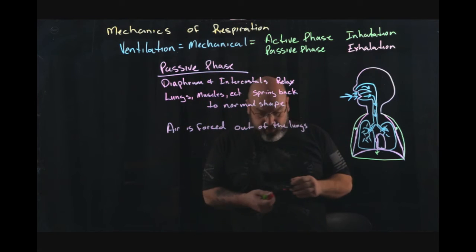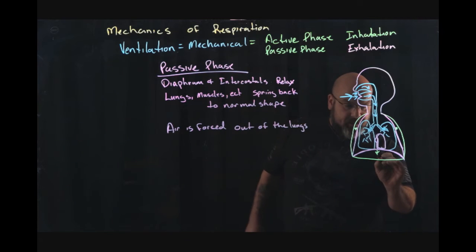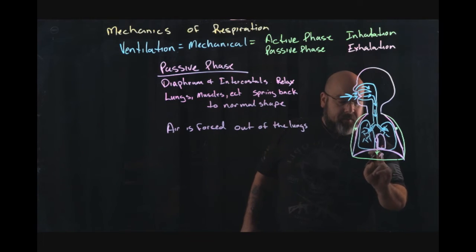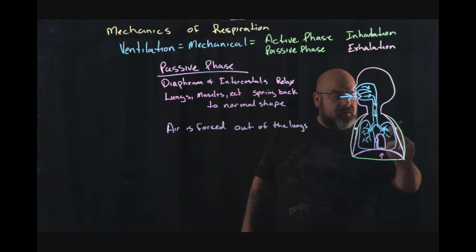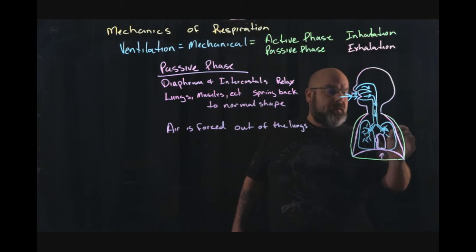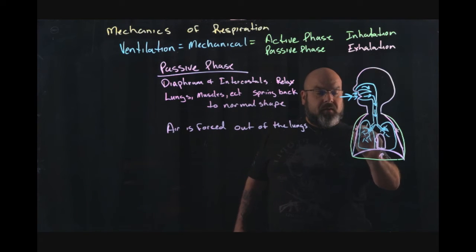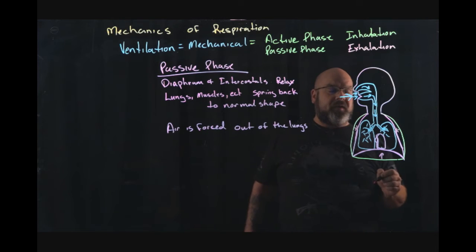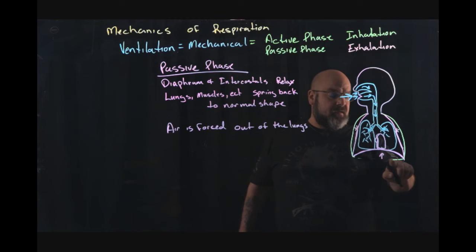So now, with that all happening, all this goes backwards. So we erase our little downward and outward arrows, and we replace them with upward and inward arrows. And the diaphragm goes back.